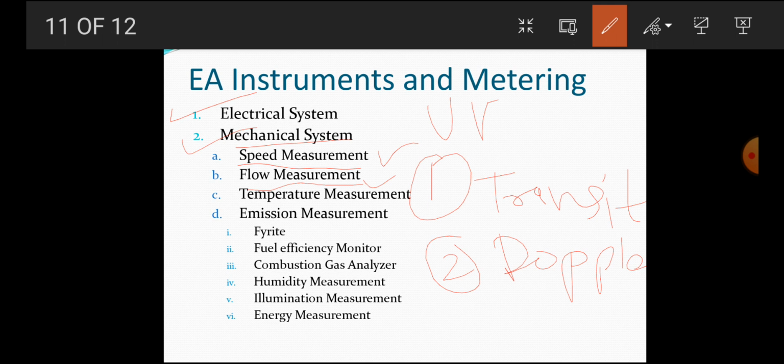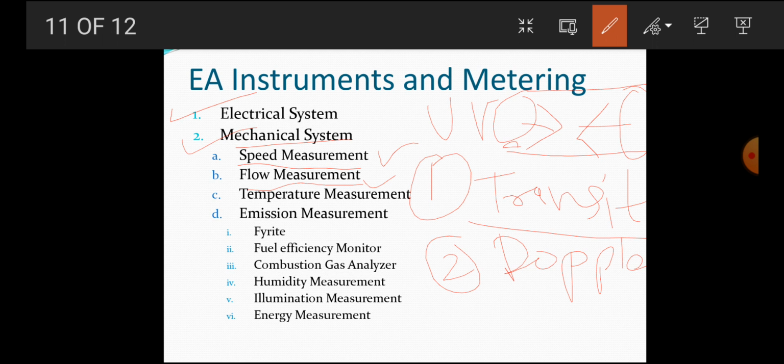In the transit type ultrasonic meter, we have both a sender and a receiver. They send two ultrasonic signals across a pipe, one signal passing with the flow and one in the opposite direction of flow. The signal passing with the flow is faster than the signal in the opposite direction.